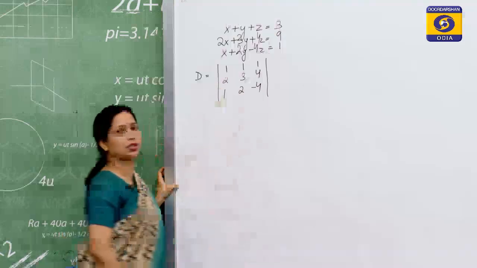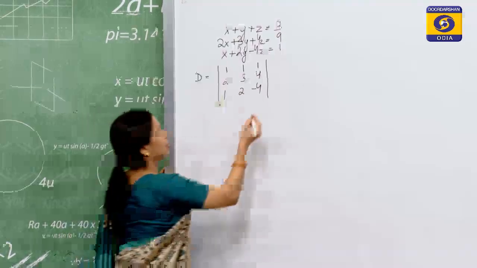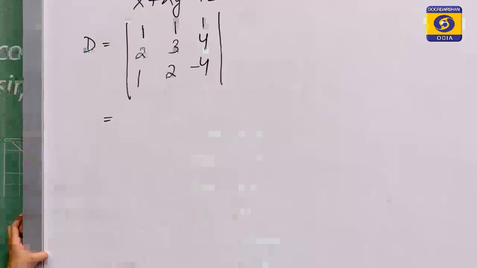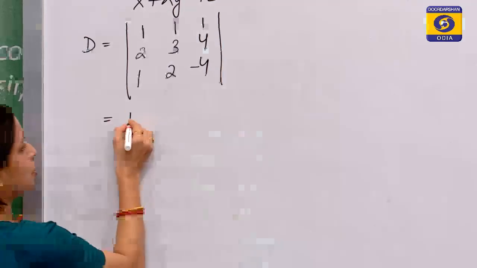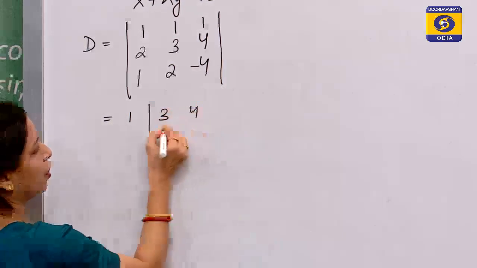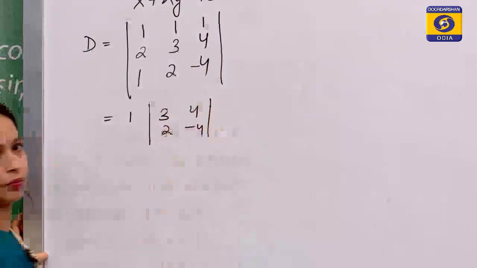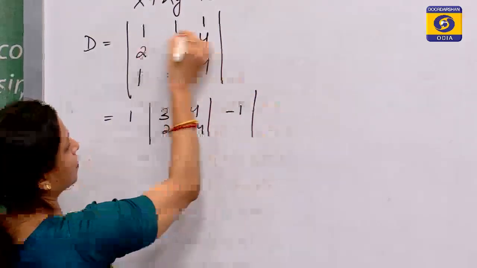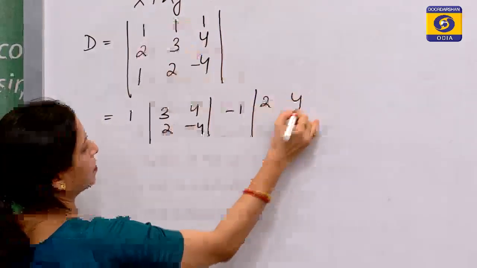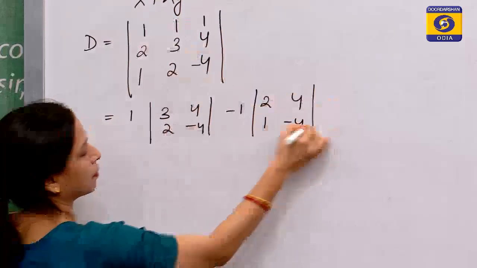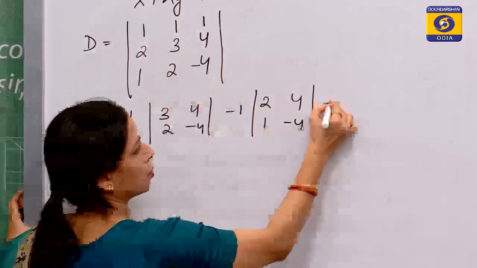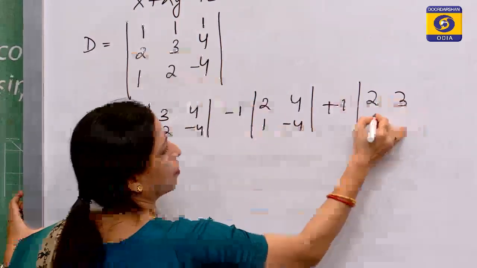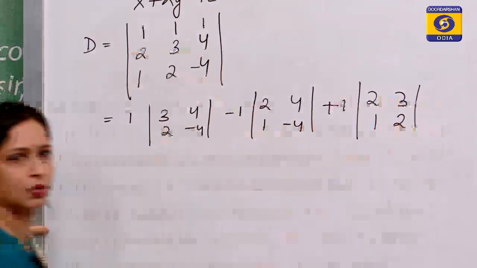Now, we have to find out the determinant value of this. We all know how to find it. Let us say we are finding it by expanding the first row. First row, so 3, 4, 2, minus 4, minus 1, plus 1, again the second order determinant, right.